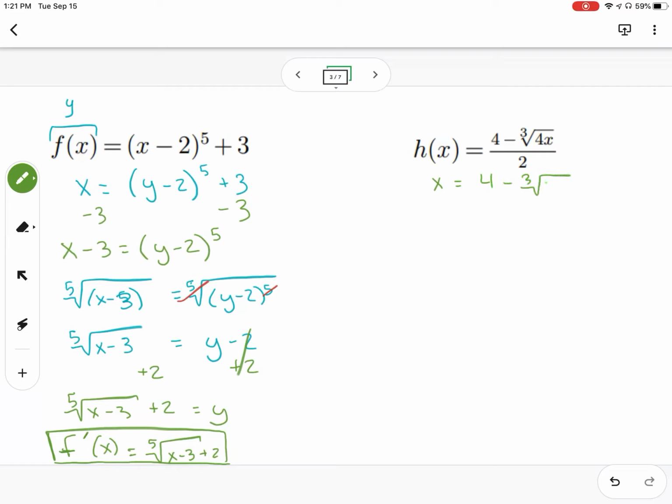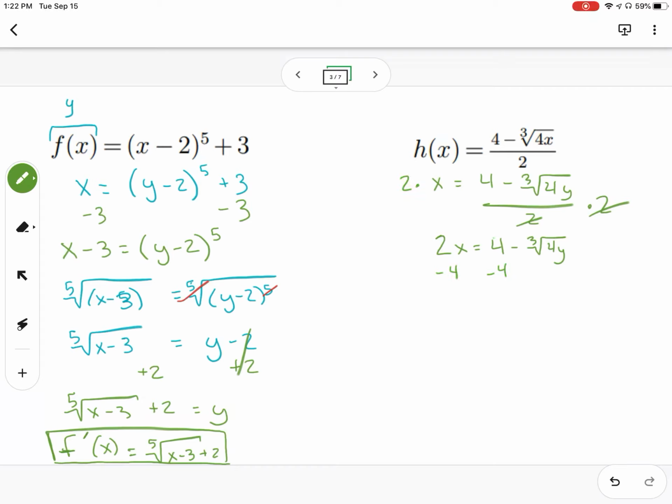In example 2, first I'm going to switch the x's and the y's. Then I start solving for y. First I'm going to multiply both sides by 2, and then we have 2x equals, because the 2's cancel.